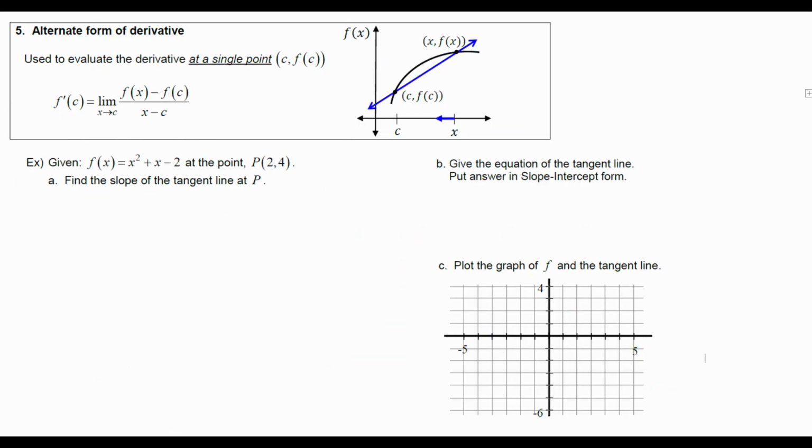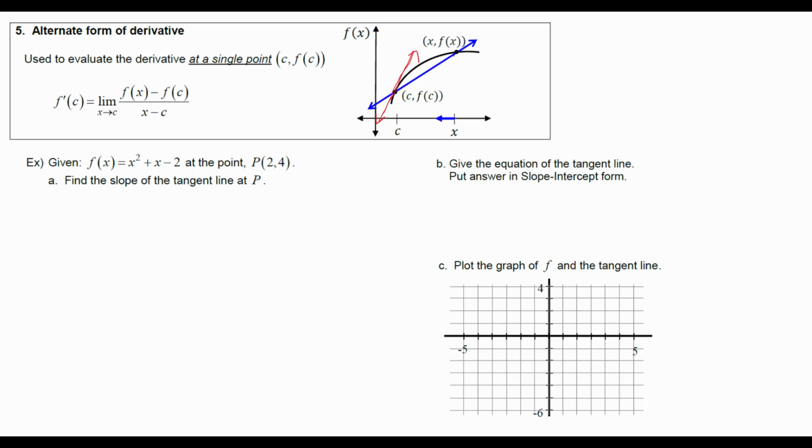Alternate form of derivative. The alternate form of derivative calculates the slope at a specific point right away without getting the slope function. The idea is that if you look at this secant line, the first point is c comma f of c, and the next point could be any random x comma f of x. If I were to find the slope of a tangent line at c comma f of c, I use the same strategy as getting the slope function.